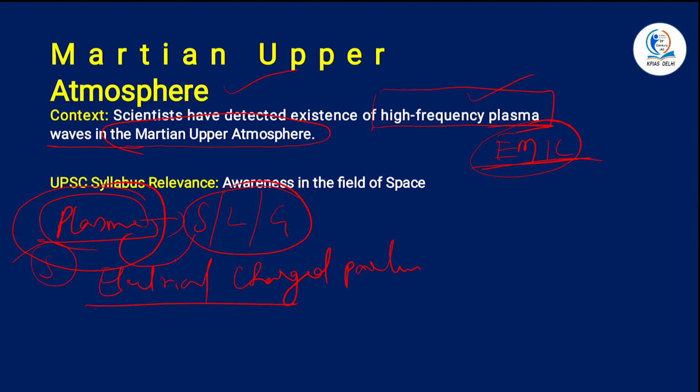It is also a type of plasma waves that is generated in the Earth's magnetosphere. Earth has a magnetosphere, which is regarded as a region or space around the Earth that is affected by the planet's magnetic field.